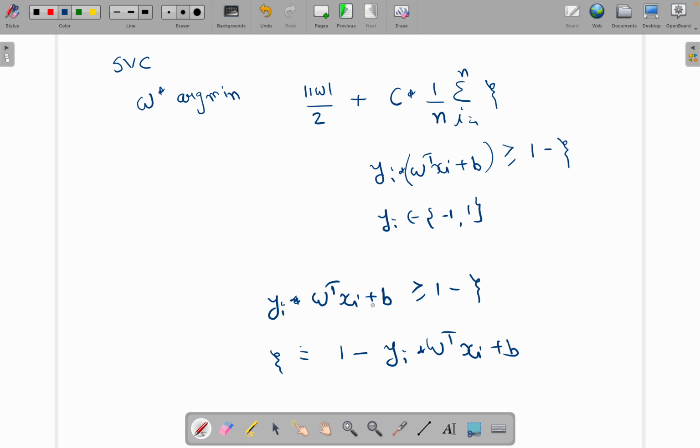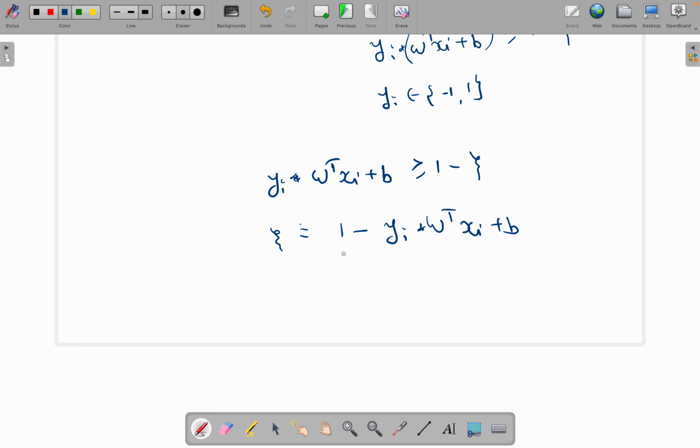If you see here, we have the norm of W divided by 2. For simplicity, we are replacing the norm of W with the norm of W squared. This is basically the L2 norm, or the Euclidean distance, and we are applying a power of 2.